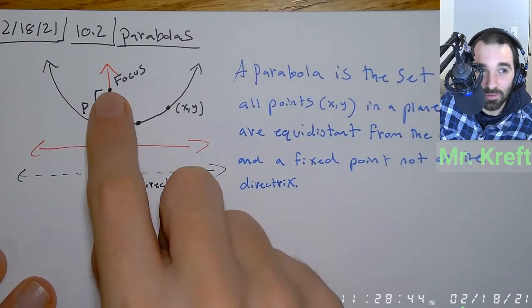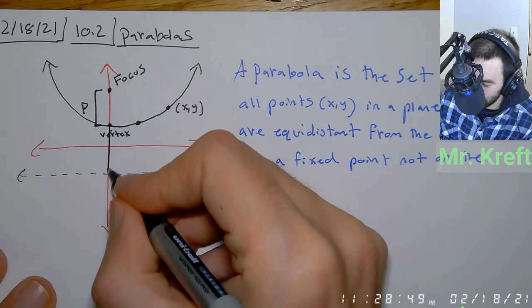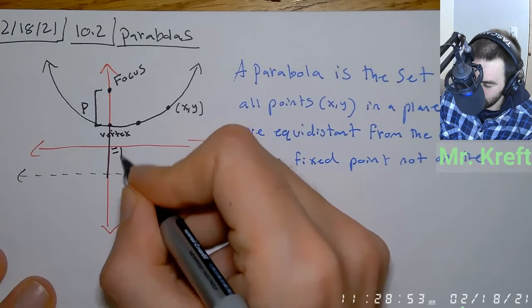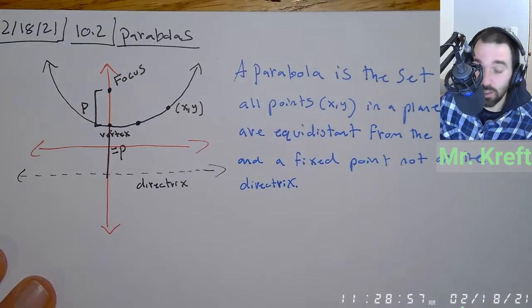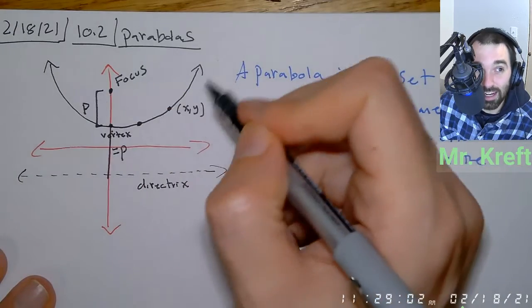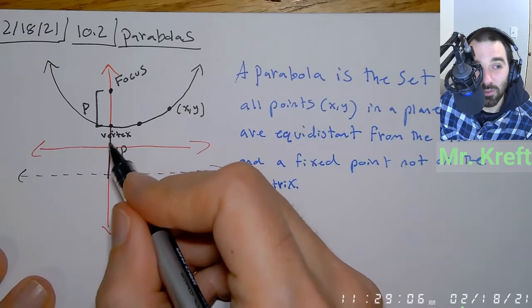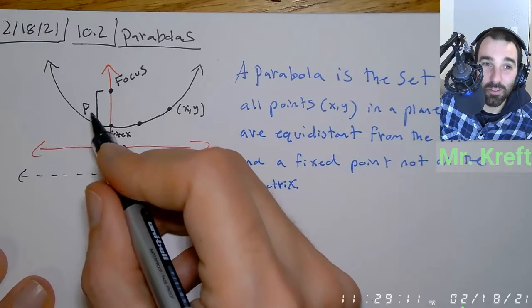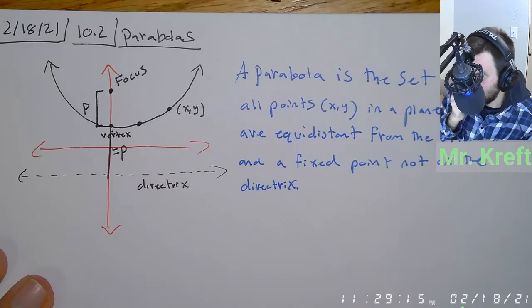So the distance from the vertex to the focus is called P. Now, this distance right here is also P, but we don't call it P. And that's going to be really important because if P is positive, that means we're going up. If P is negative, that means we're going down. So this distance from the vertex to the directrix is also P, but we don't define it as P. P is from the vertex to the focus. Okay?